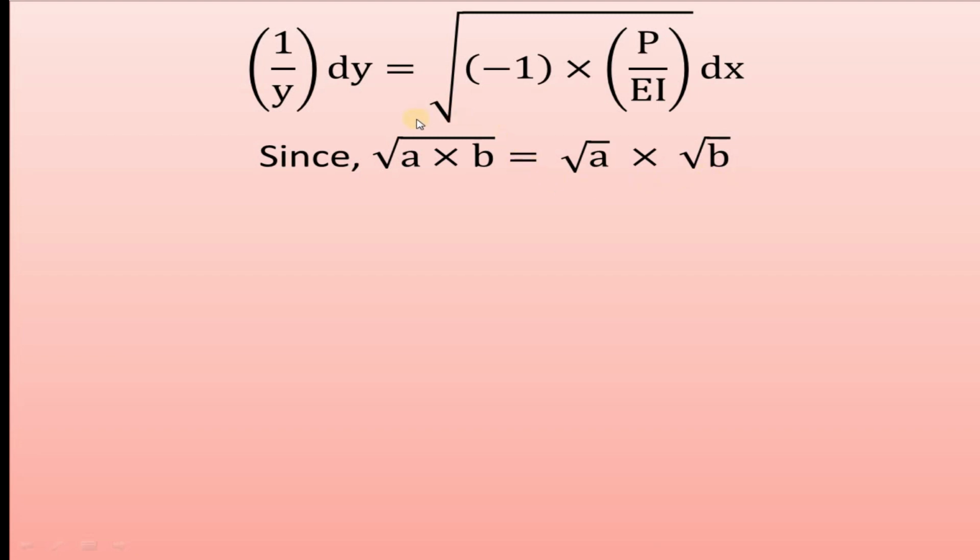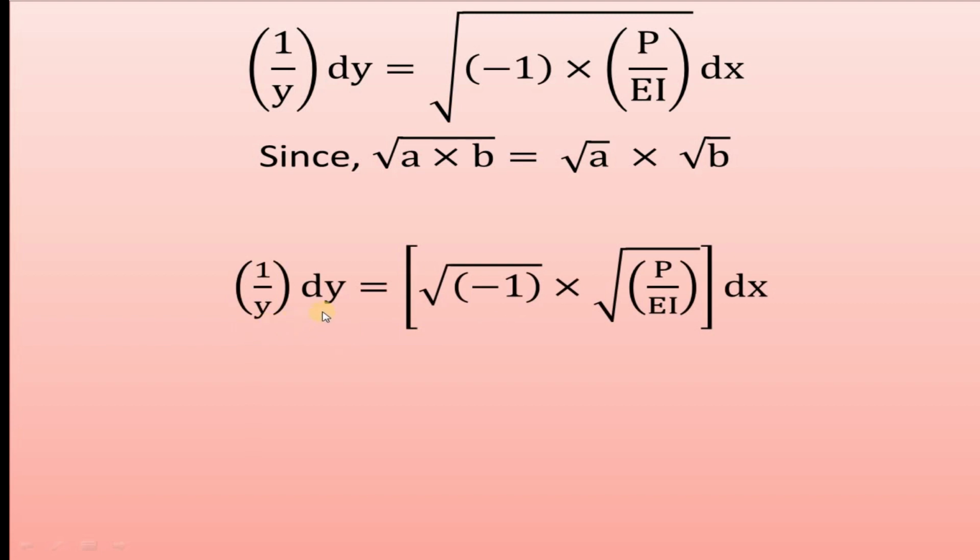Similarly, square root of minus 1 into P by EI will be square root of minus 1 into square root of P by EI. So the next step will be 1 by y dy is equal to square root of minus 1 into square root of P by EI dx.